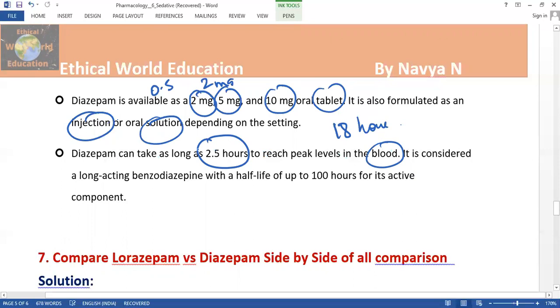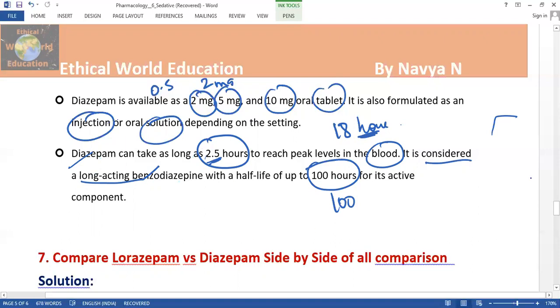It is a long acting benzodiazepine, not a short one, with a half-life of up to 100 hours. So 18 hours is for lorazepam, whereas 100 hours half-life is for diazepam.